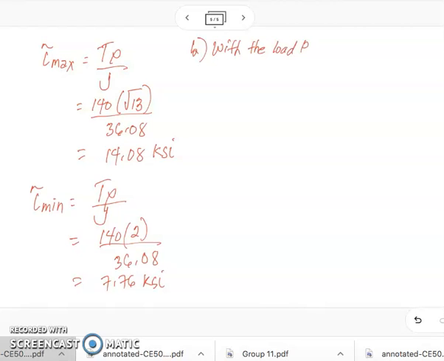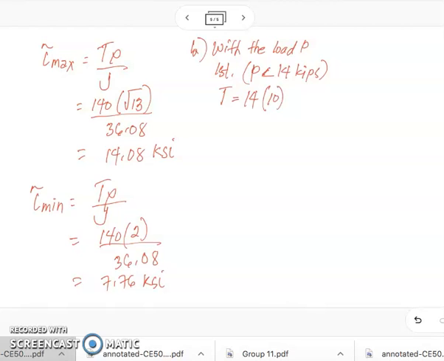So the first case: P is less than 14 kips. The existing load of 14 kips will create a torque. Toward the other load 14, you have the distance of 10.